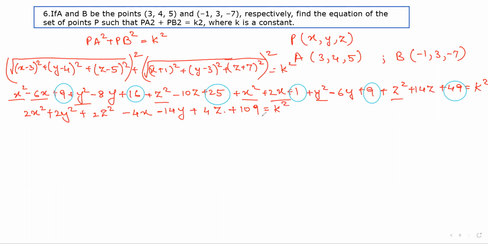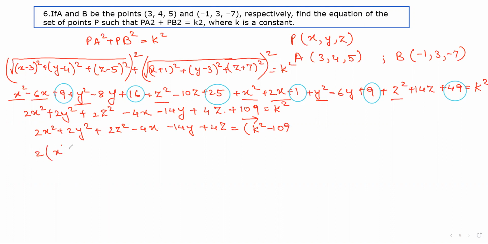Either you can leave it at that or you can take the constant to the other side. You're left with 2x square plus 2y square plus 2z square minus 4x minus 14y plus 4z is equal to k square minus 109. You can also take 2 common from the left hand side.